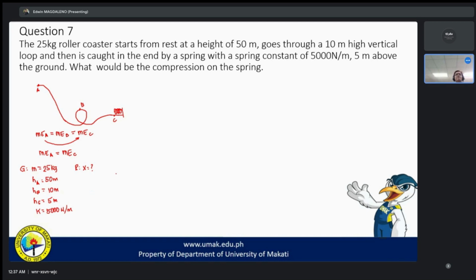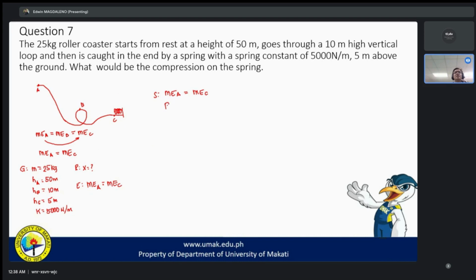Now, to solve this, let's use this formula. The equation that we will be using is the total mechanical energy at point A should be equal to the total mechanical energy at point C. Solution: let's try to get the total mechanical energy at point A and at point C. What do we have at A? It has no initial motion, so what we have is just the gravitational potential energy only.